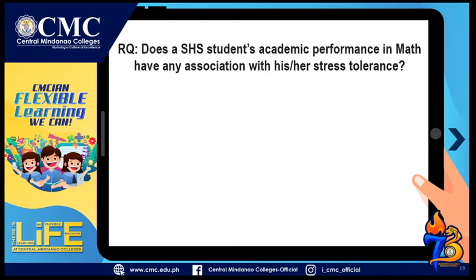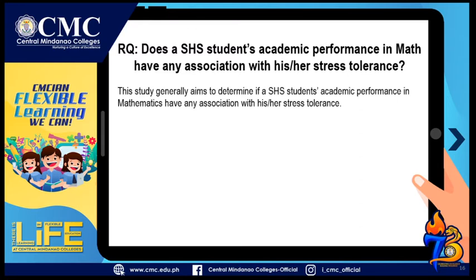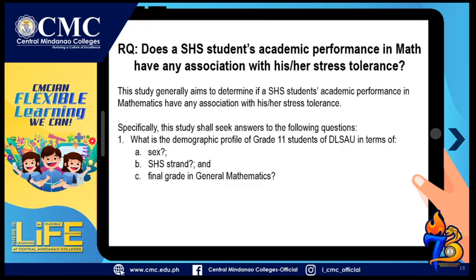Another example, research question: does a senior high school student's academic performance in math have any association with his or her stress tolerance? So, this study generally aims to determine if a senior high school student's academic performance in mathematics has any association with his or her stress tolerance.